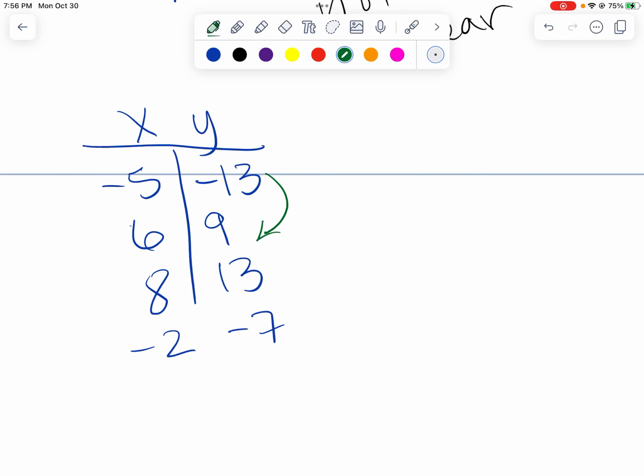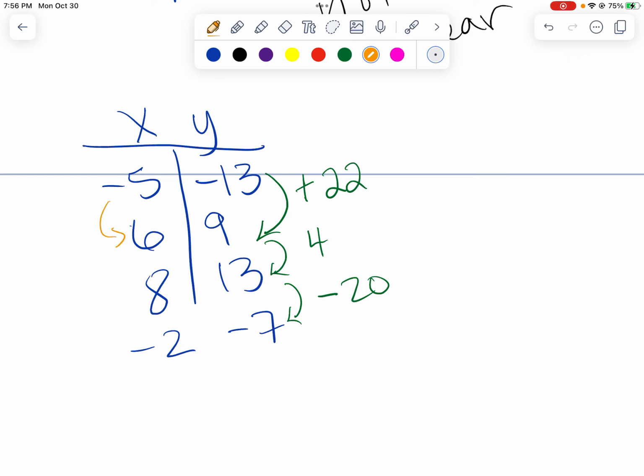This to this, 13 plus 9 would get me 22. From here to here is 4. From here to here is minus 13, 20.